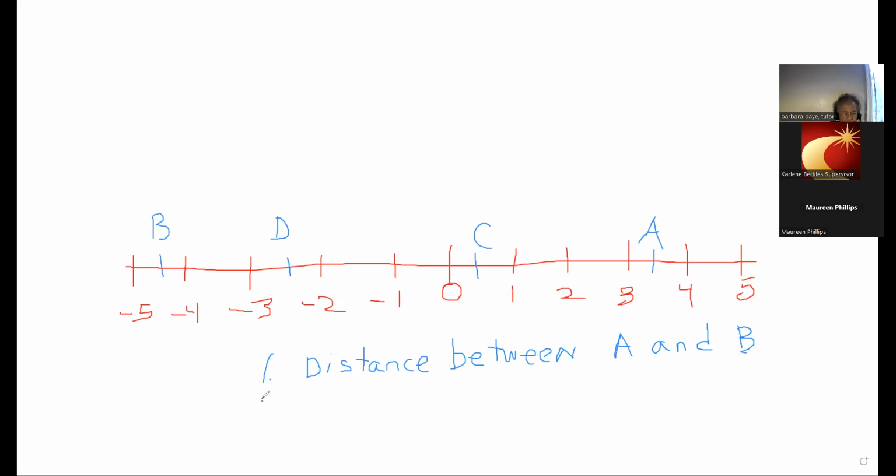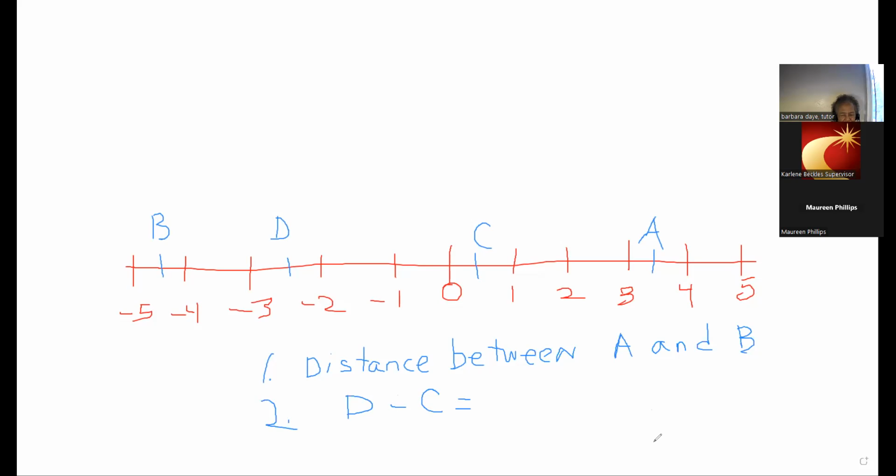Number two is, what is D minus C? Okay, Maureen, I want you to answer those. Look at the number line.